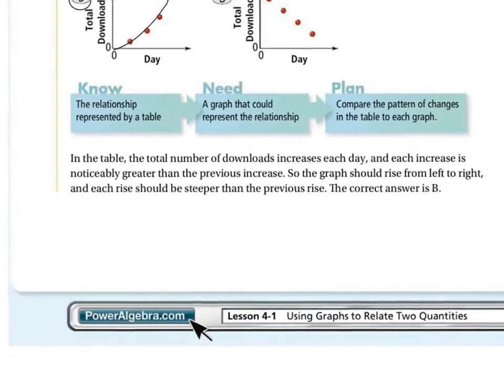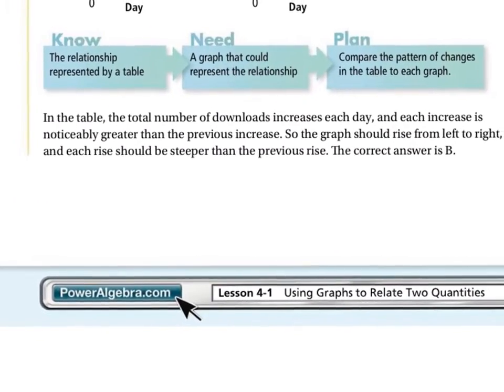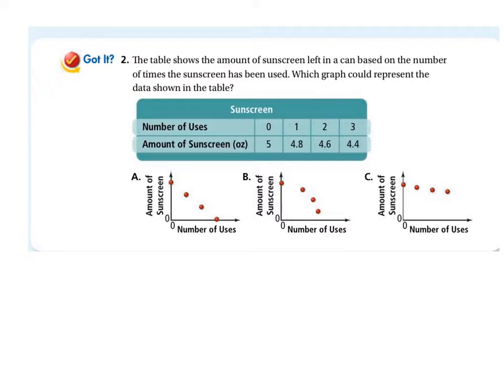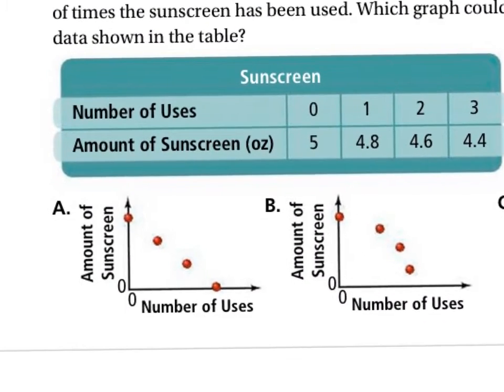And there it just kind of explains that. So got it too, similar to that. The table shows the amount of sunscreen left in a can based on the number of times the sunscreen has been used. Which graph could represent the data shown in the table? So for this, you might notice the amount of sunscreen is decreasing.